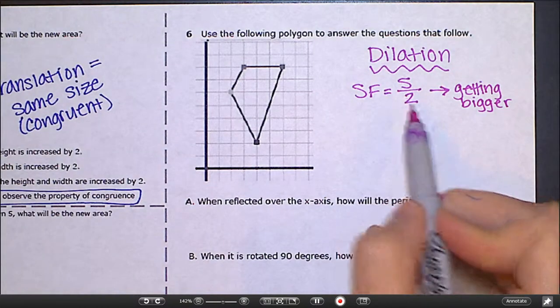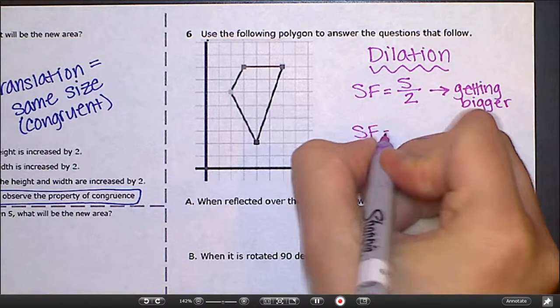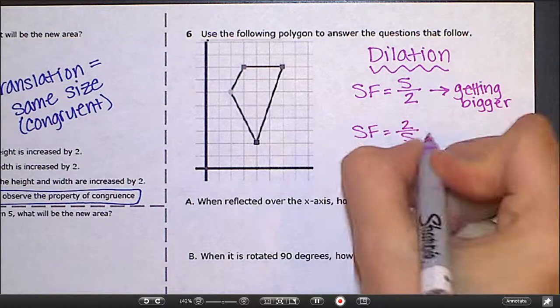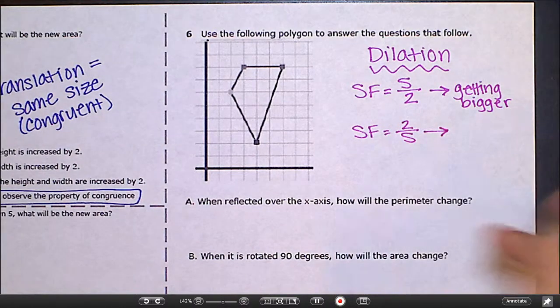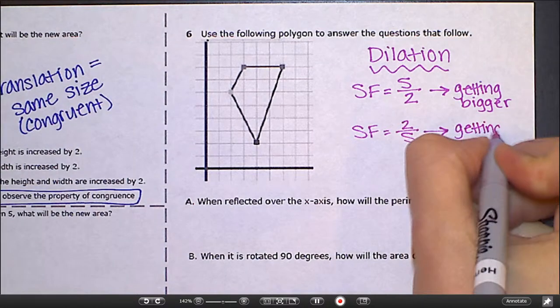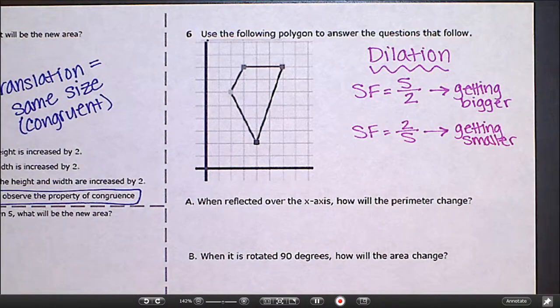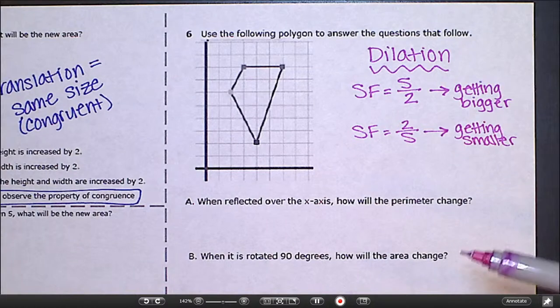That would actually be like 2.5 as the scale factor. However, if the scale factor is 2/5, that's less than 1. So this shape would be getting smaller. So that's all I need to really tell you. I'm going to let you use that information to help you with number 6.